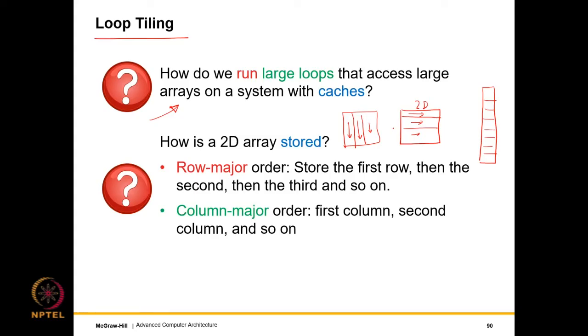And so what happens is that if let's say an array is stored in row major order and then we read it column wise, it will cause a lot of cache misses because essentially there is no locality, right? So spatial locality is not there. But if an array is stored in column major order and we access it in column major order, then of course we'll have good performance because we can leverage the effects of spatial locality.